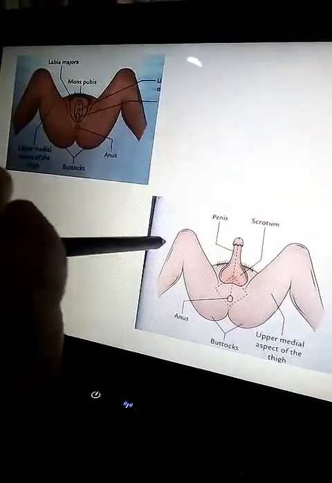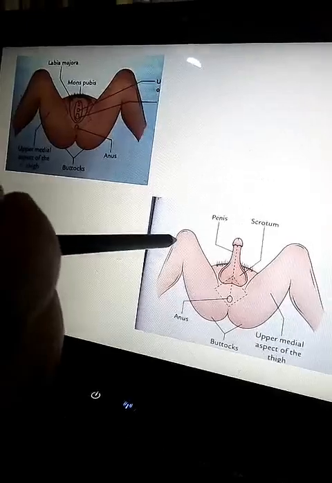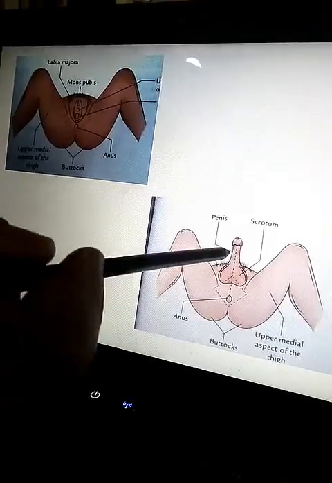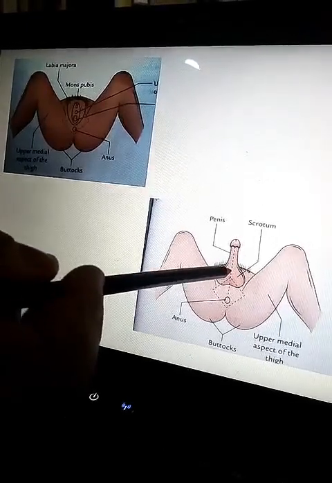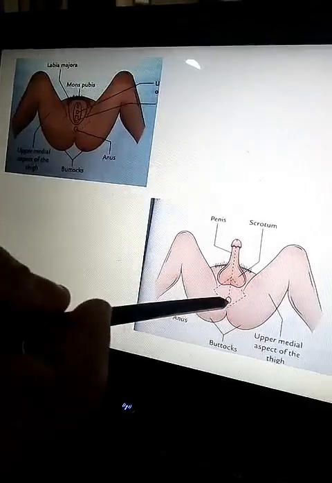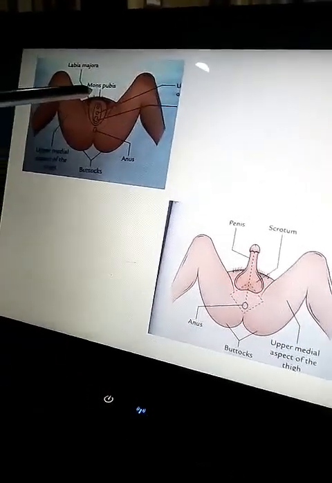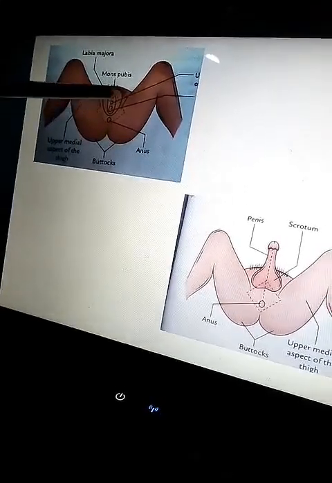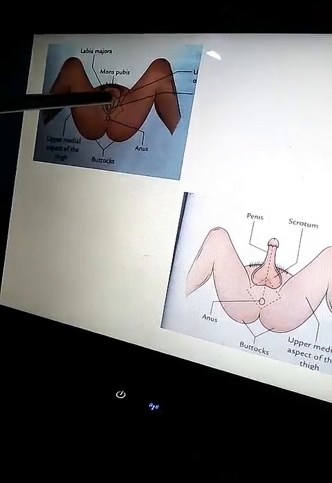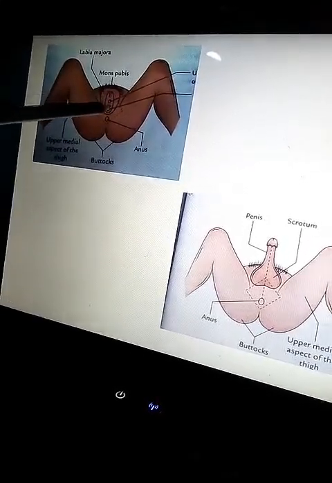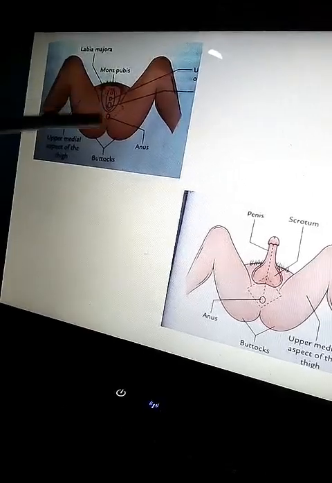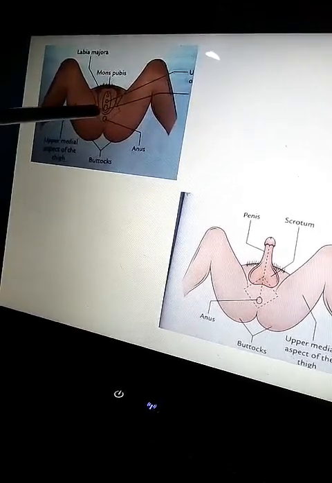The surface features of the perineum in the male are the penis, scrotum and anal orifice, whereas the surface features of the perineum in the female are the vulva, that is, the external genitalia known as the vulva, and the anal orifice.